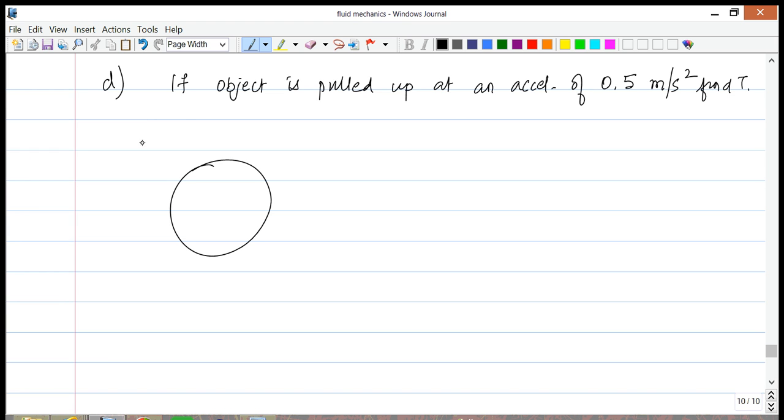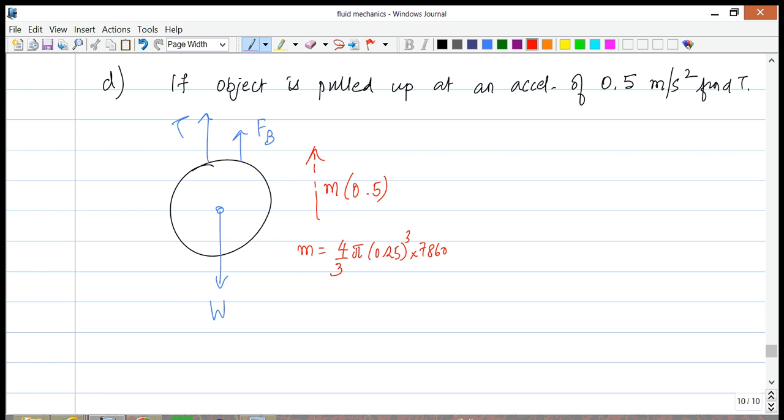If you look at the free body diagram, we have the force of tension pulling it up, the buoyant force pulling it up, and gravity pulling it down, and the result of all these is ma, the mass of the object times the acceleration 0.5. If you need to know how to find the mass, we already found it in a few of the calculations. It is the volume multiplied by the density, which is 7860. So this gives us the mass. We can plug it into our equation and then find the tension.